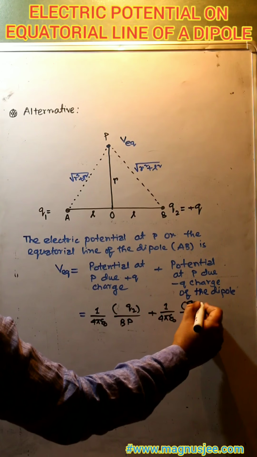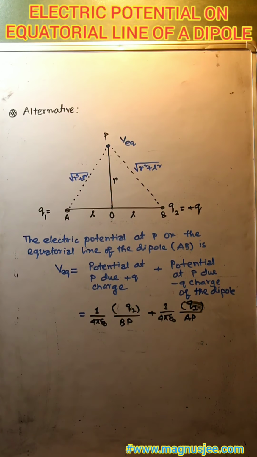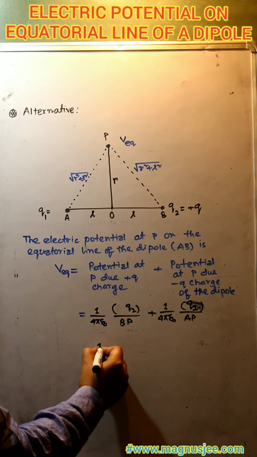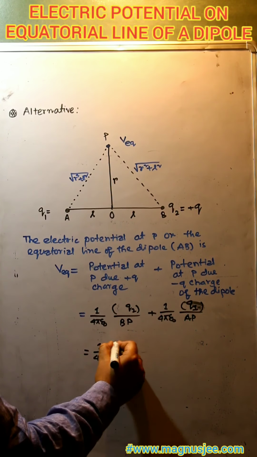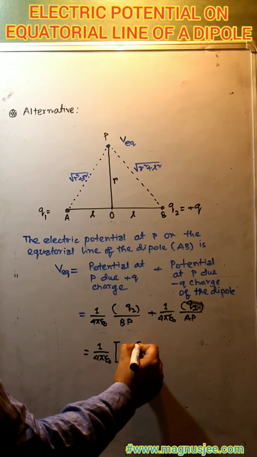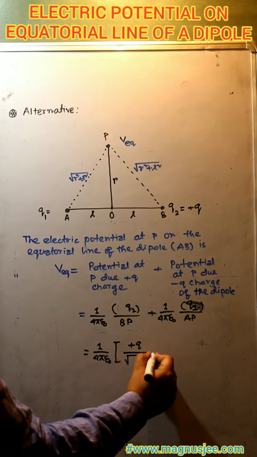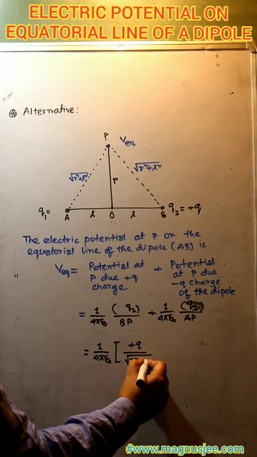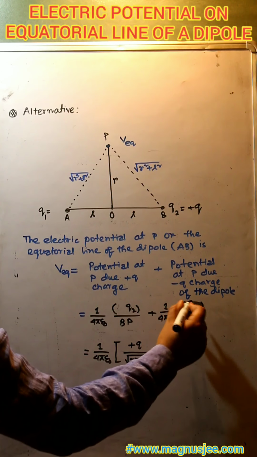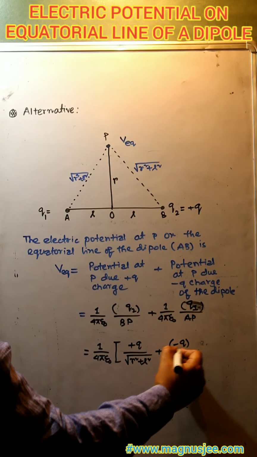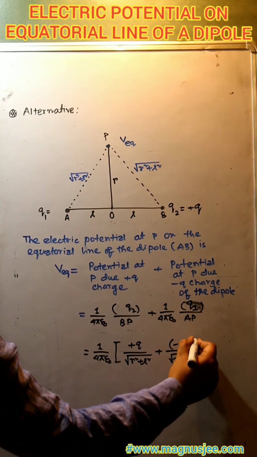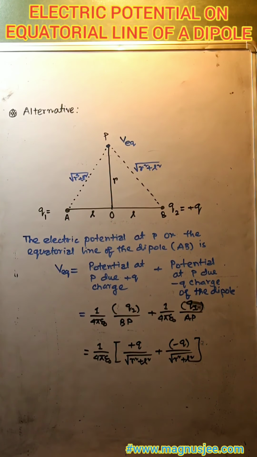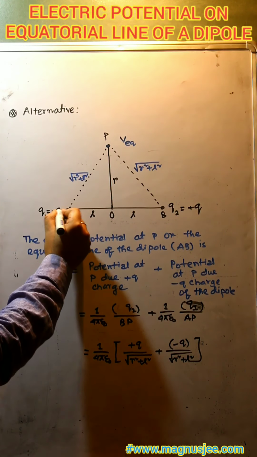Now 1 by 4 pi epsilon 0 is taken common, and in place of Q2 we can write plus Q, and BP means root over R square plus L square, and Q1 is minus Q over root over R square plus L square.